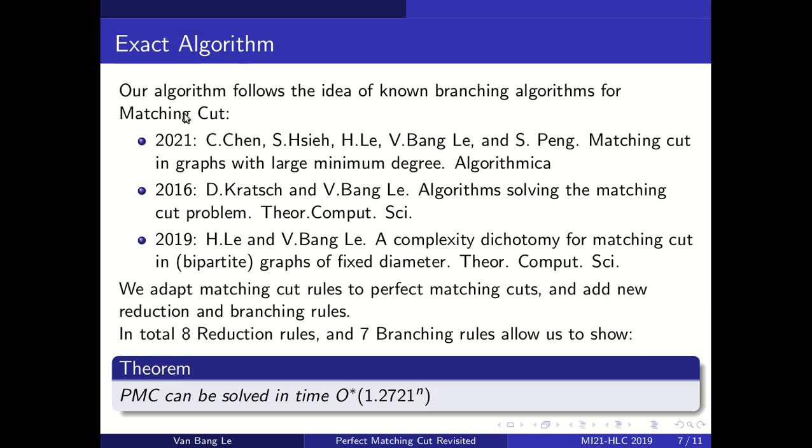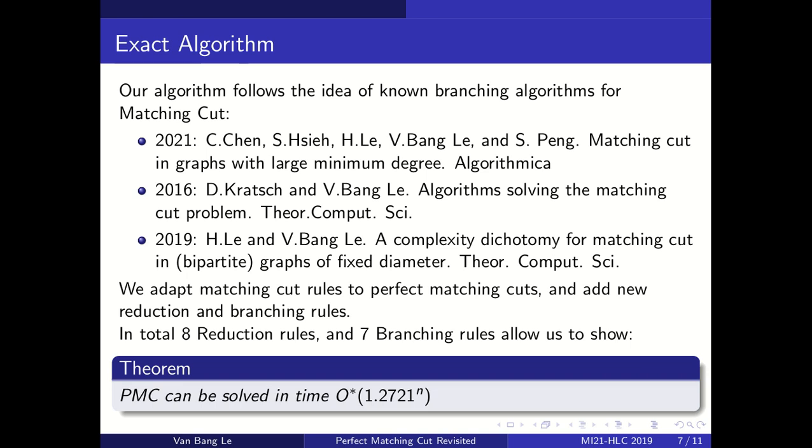In the matching cut problem, you again ask for a set of vertices S, but now what you require is that the graph induced by edges going between S and the complement of S is a matching. You no longer require that it touches all the vertices of the graph, but simply that it is a matching, that there are no other edges crossing except these matching edges.